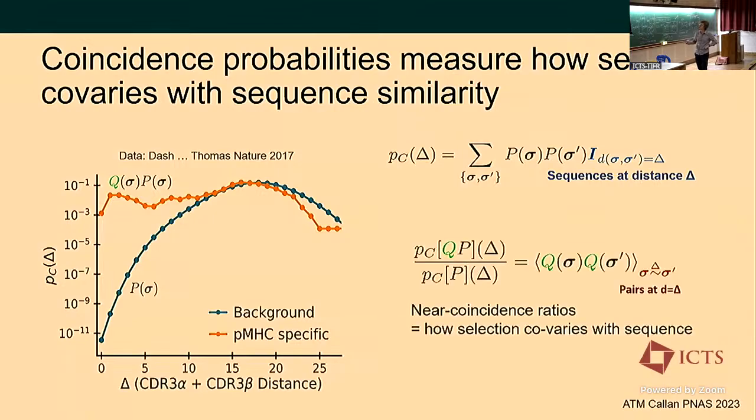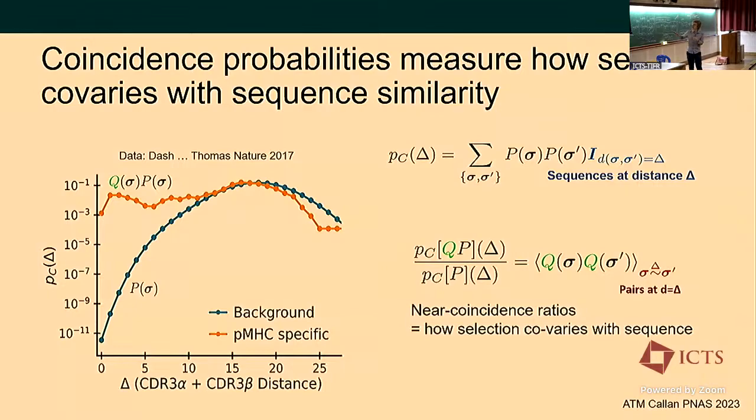And what you can actually show is that if you take the ratio of the orange to the blue curve, so the probability of coincidence of the distribution Q times P at the distance delta to the probability of coincidence of the background distribution at delta, that gives you the covariance of the selection factors for sequences at a given distance. So these near coincidence ratios tell us how selection co-varies with sequence.